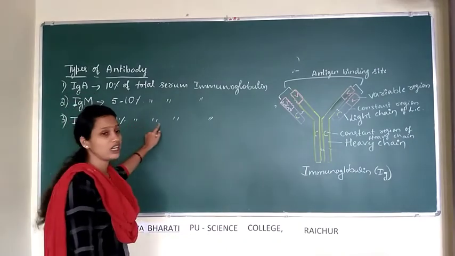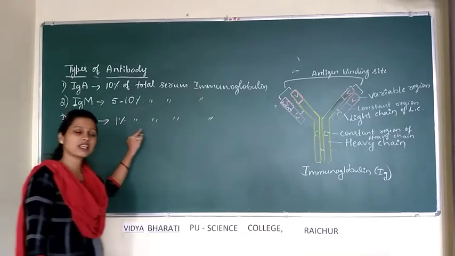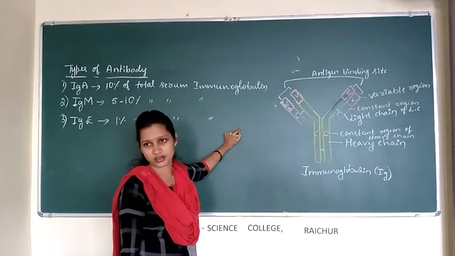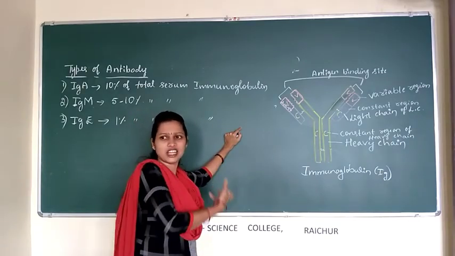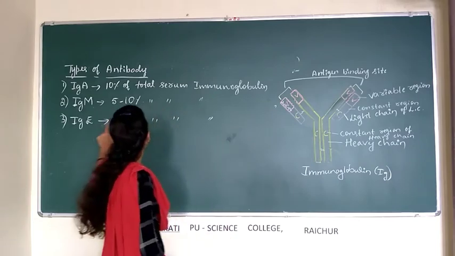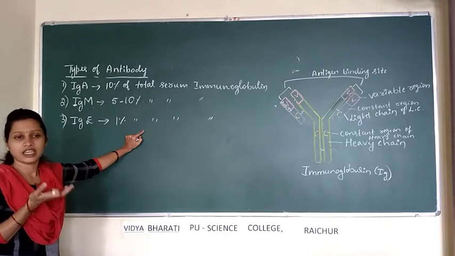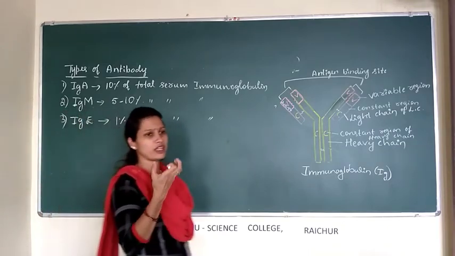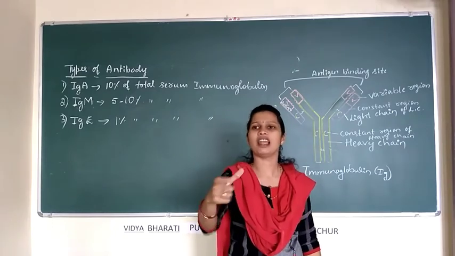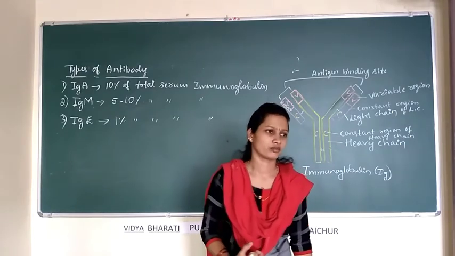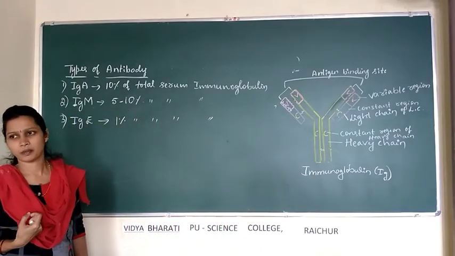Immunoglobulin E is associated with allergies. When there is an allergy in the body, the count of IgE increases. An increase in IgE indicates the presence of an allergy or infection in the body.